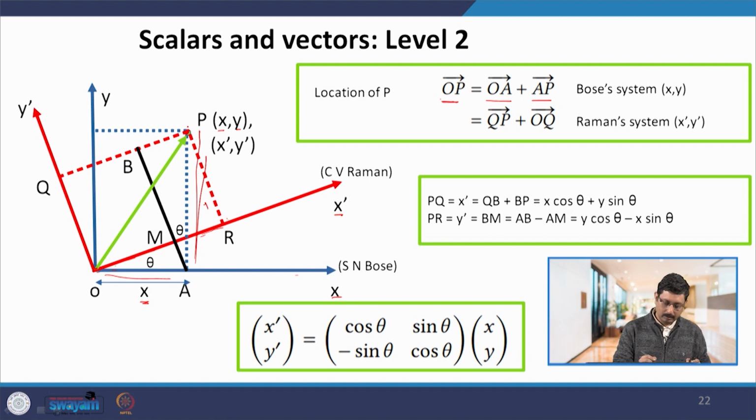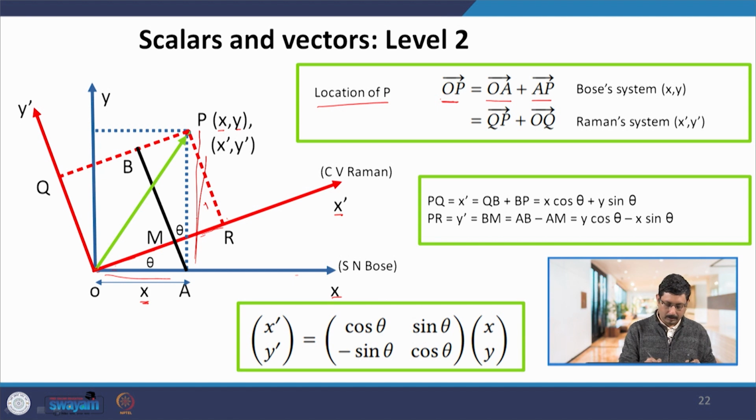So, again he can denote the position vector of the point P from O as a vector sum of two pieces, OR and then RP.